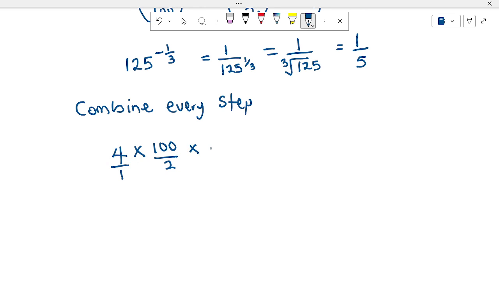Then times the last step we got 1 all over 5. Okay, we can cut out now. 2 here, 1. 2 here, 2. 5 here, 1. 5 here, 20. Multiply how? 2 times 20 times 1 is what? 40. All over 1 times 1 times 1 is 1. So our answer is 40.